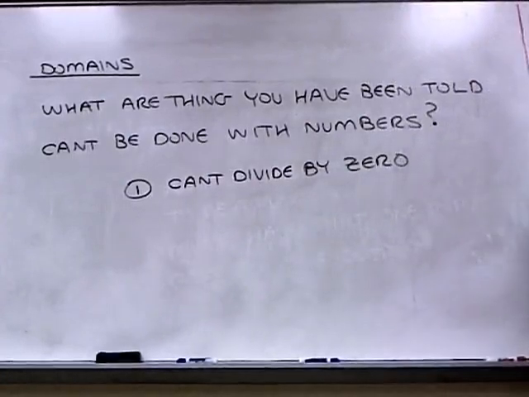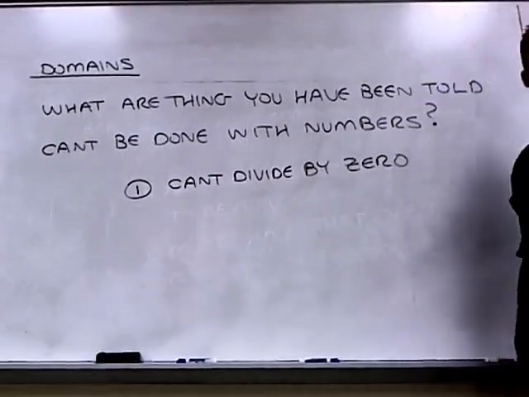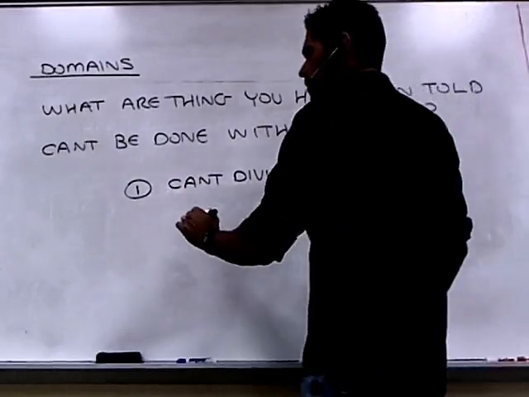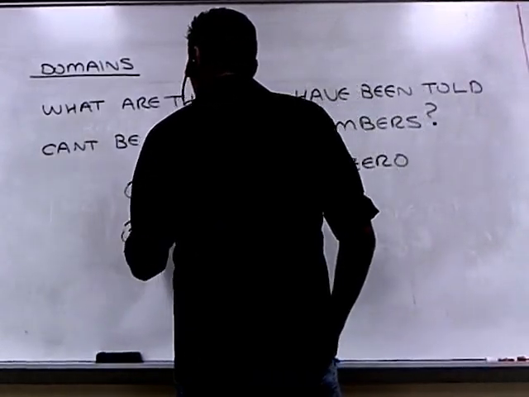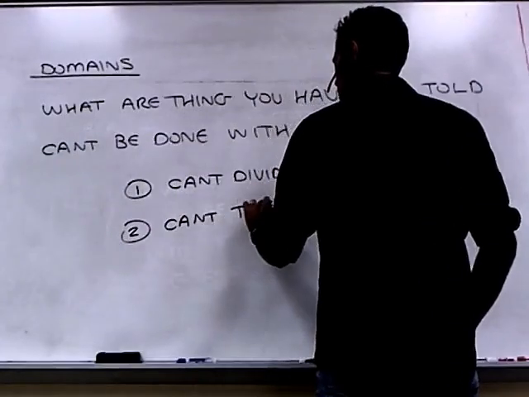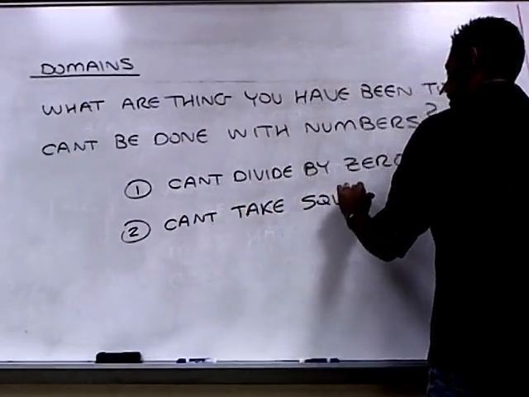Fortunately for us in this class, there's really only one other thing that we're going to look at. It has to do with square roots. You can't take the square root of what? Of a negative number.